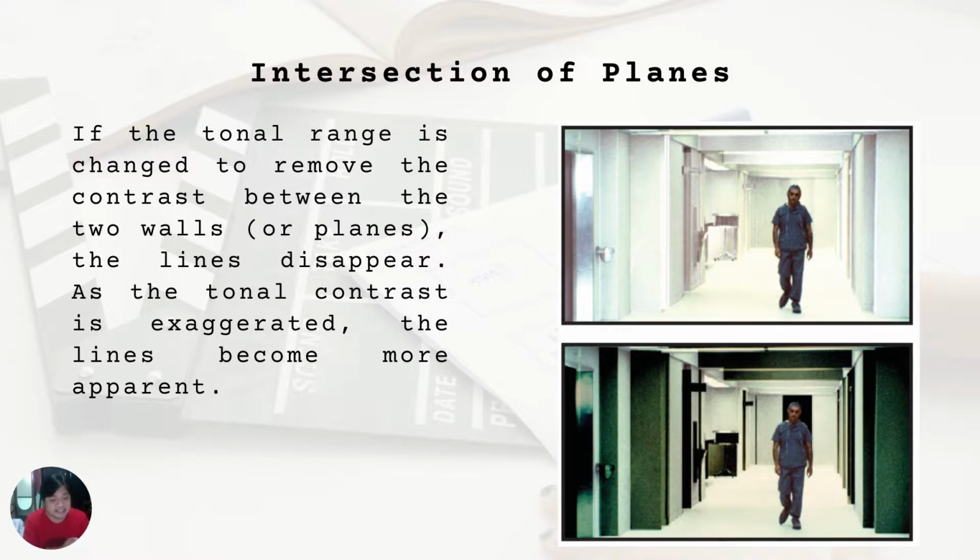In the upper image, you can see that the tonal contrast is on the lighter side, so the suggestion of the lines is not really very apparent. Comparing it to the image below, where tonal contrast is much more exaggerated, you can see that the lines are more pronounced.